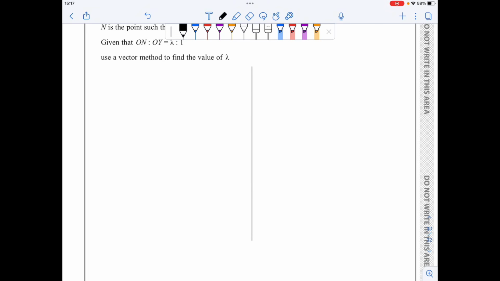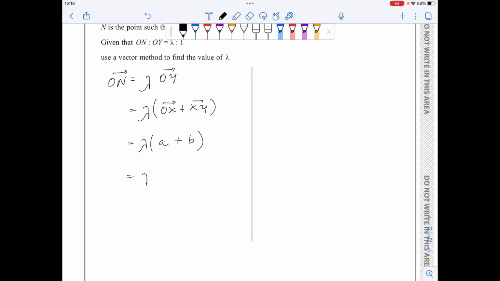I'll start with the direct route, so ON is equal to lambda OY. This is equal to lambda (OX plus XY). So OX is equal to a, XY is equal to b.